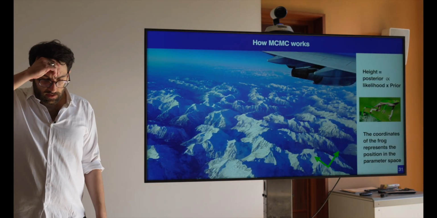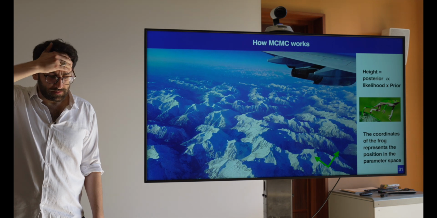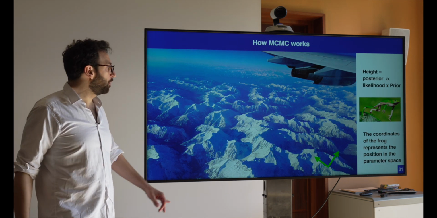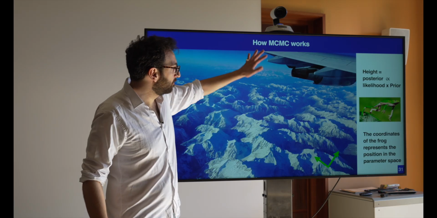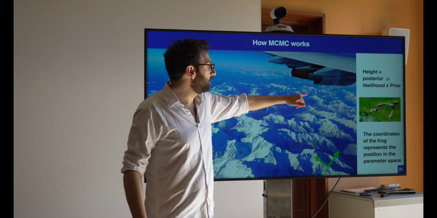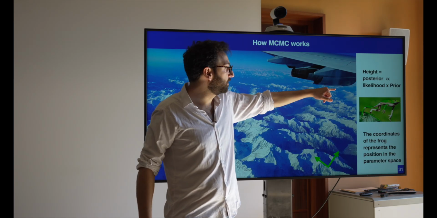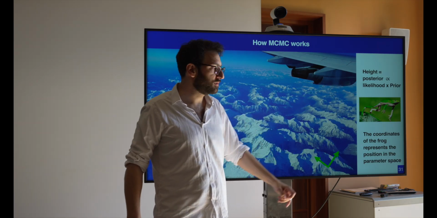So, to explain how MCMC works, we're going to use an image. Suppose this is your likelihood valley, and the height of the mountain is proportional to the posterior, which is proportional to the likelihood times the prior, as we've just seen.